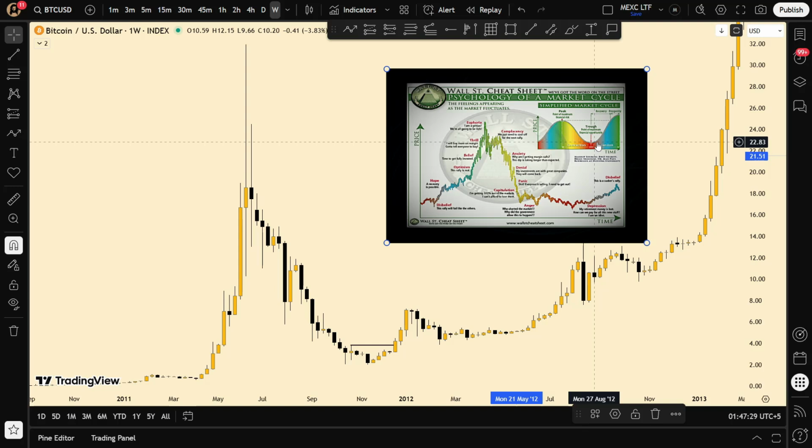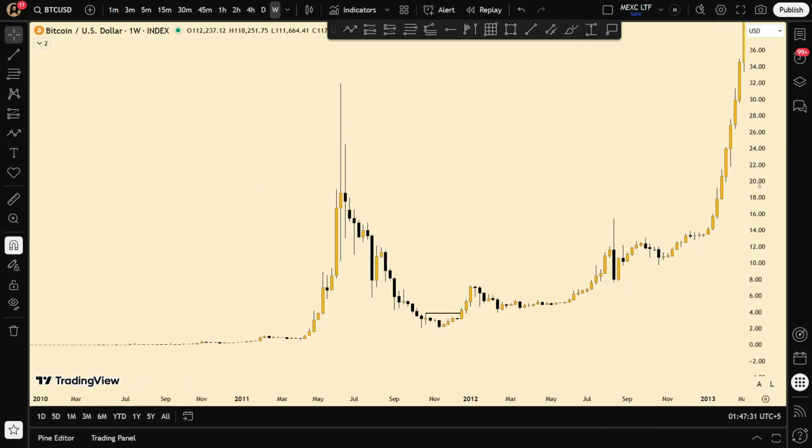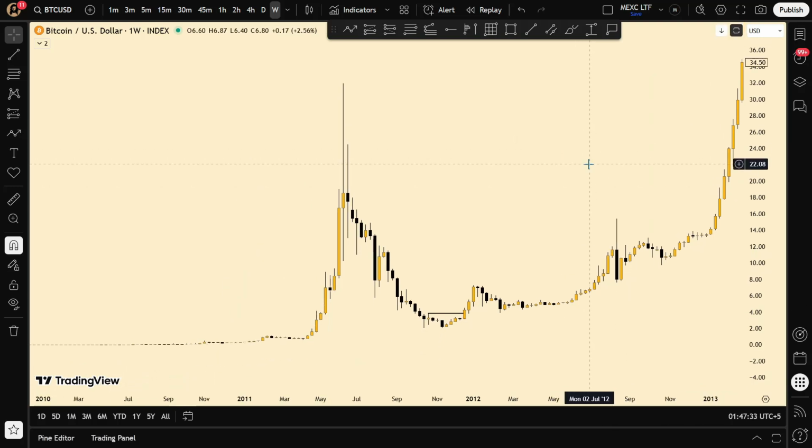Let's get rid of this, and I'm going to show you exactly how you can use the Fibonacci retracement to judge the market cycles on weekly, monthly, yearly, and even 5-minute, 15-minute, 1-minute, 30-second charts. What I just taught you, the psychology of the market cycles, works on every time frame.